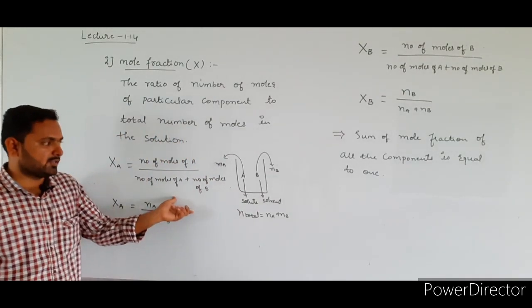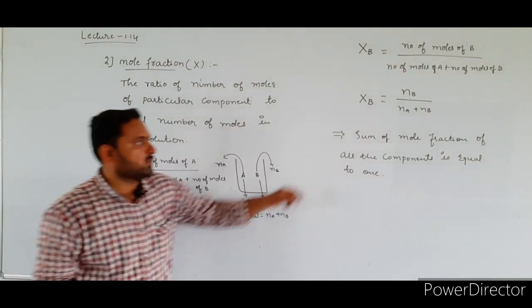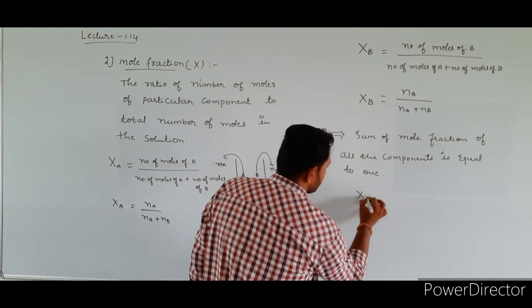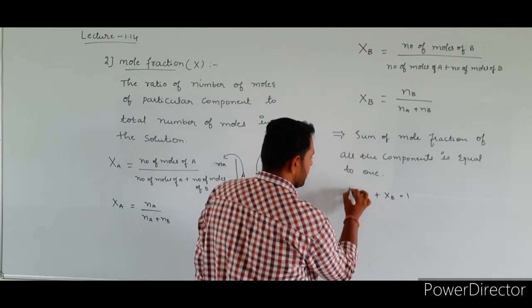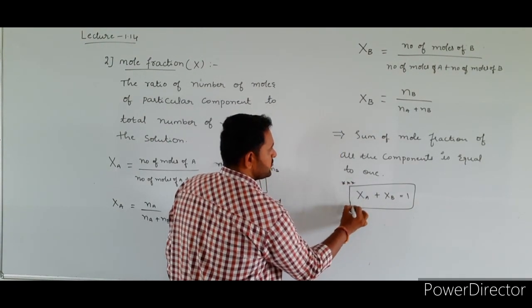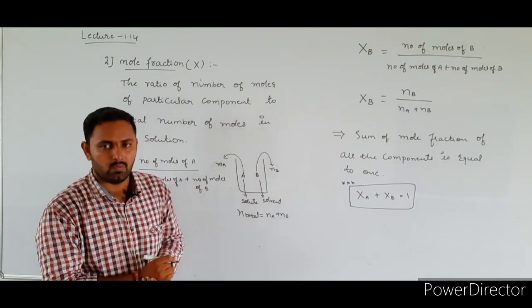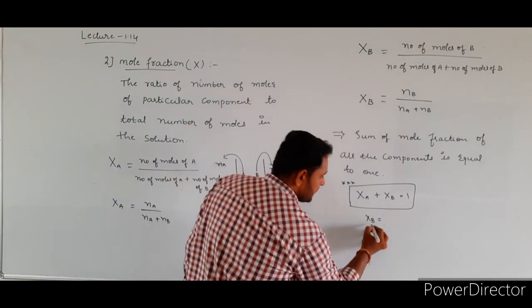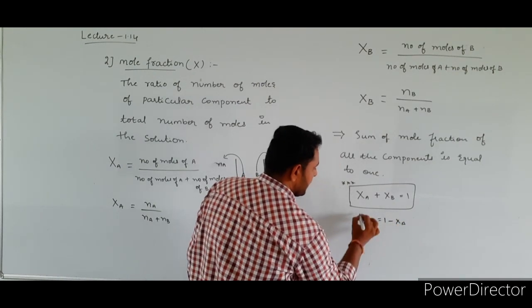Here there are two components, one is A, another one is B. The mole fraction of A plus mole fraction of B is equal to 1. This is very important. In the solution, the sum of mole fraction of all the components is equal to 1. When mole fraction of A is known, then mole fraction of B is equal to 1 minus mole fraction of A.